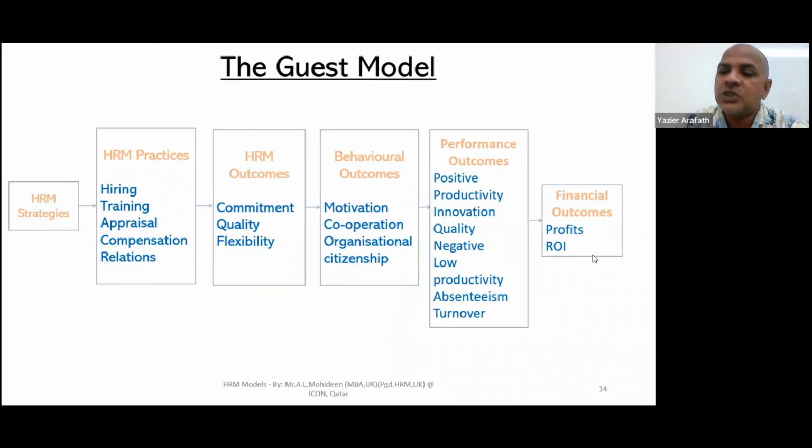So if you want financial outcomes, we have to focus on the performance outcome. Performance outcomes are connected with behavioral outcomes. Behavioral outcomes are connected with HRM outcomes. HRM outcomes are connected with HRM practices. HRM practices should come from HRM strategies. HRM strategies are connected with business strategies.